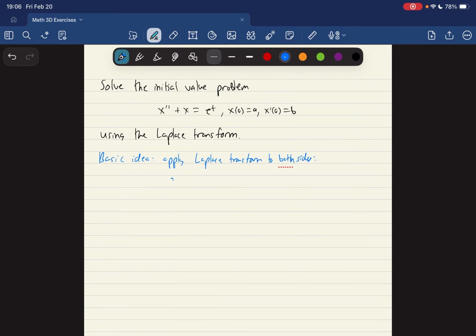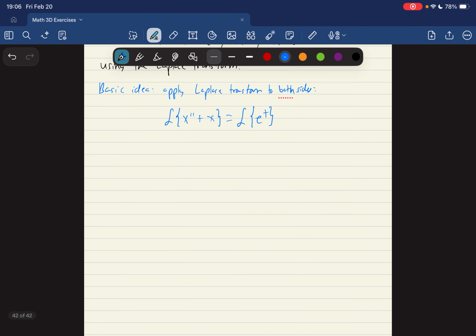And what does this look like? It's going to be L of x double prime plus x equals L of e to the t. Then, just by using linearity, we compute the Laplace transform of x double prime plus the Laplace transform of x.